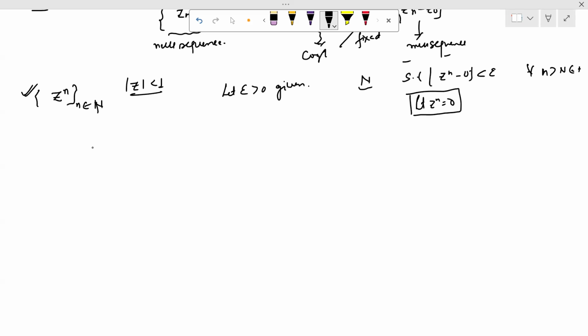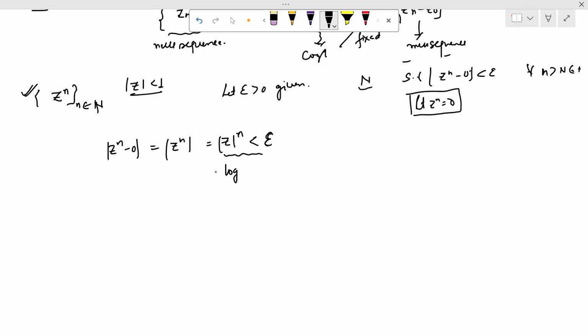Now see, already we know that if I want to find modulus of Zn minus 0, I have to estimate it. It will be equal to this modulus, and this will be equal to modulus of Z whole power n. If it is less than epsilon, I have to find this capital N. Let us just assume that epsilon is given to us. Then modulus of Z raised to power n is less than epsilon.